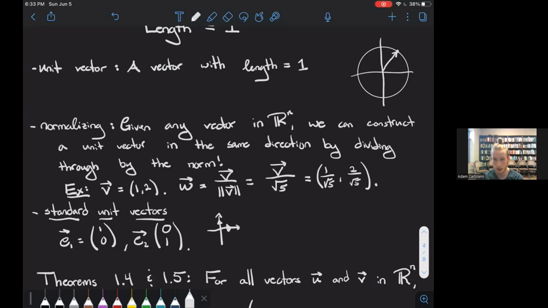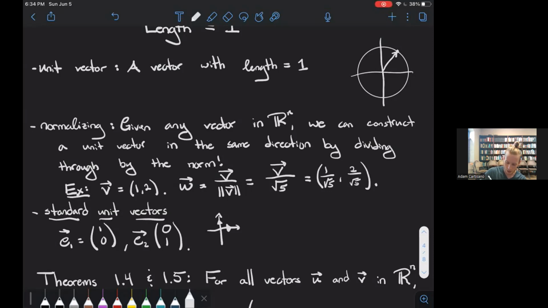Those are the ones that mark out our axes, our standard axes. We saw in the last video, actually, that you don't need to use the standard axes to locate all the points in the plane. You just need 2 vectors that are not scalar multiples of one another. Okay, these guys do the job. They do the job really, really well because they line up as vectors with our homegrown intuition about how to locate points in the plane, right?